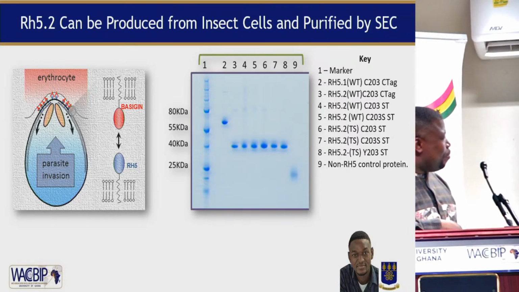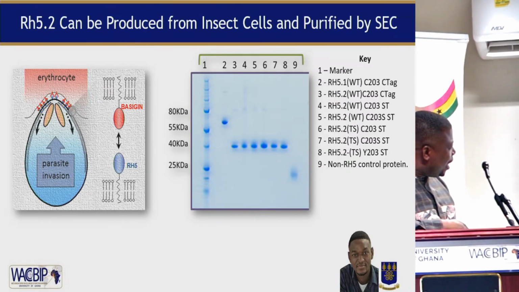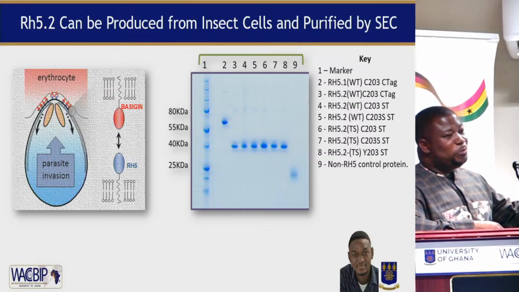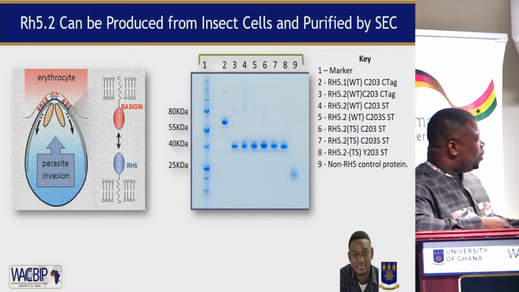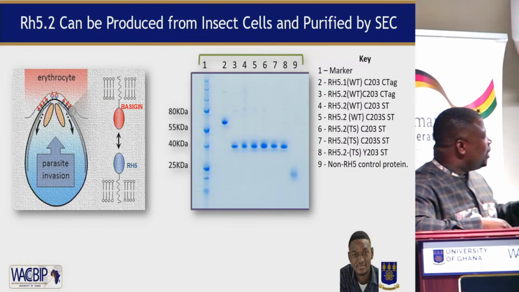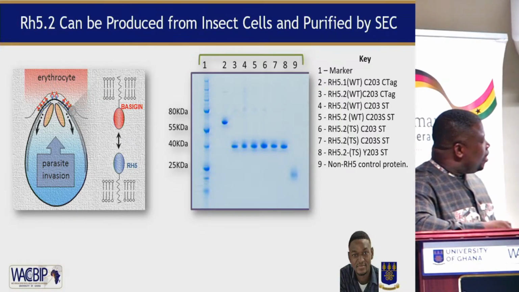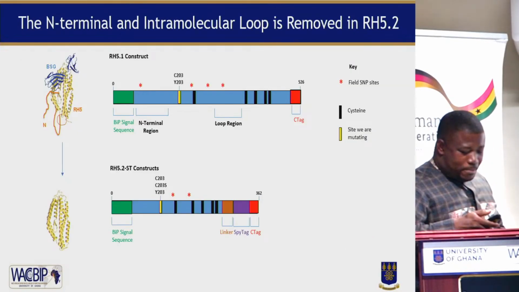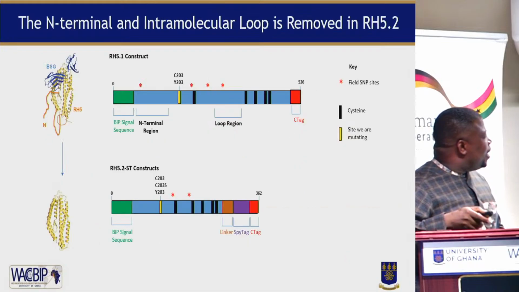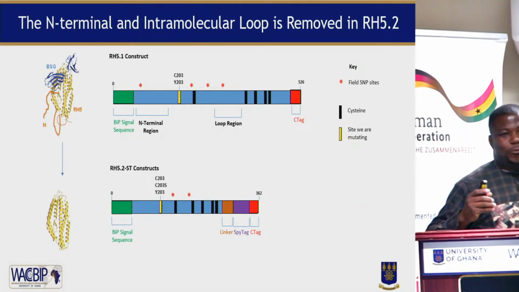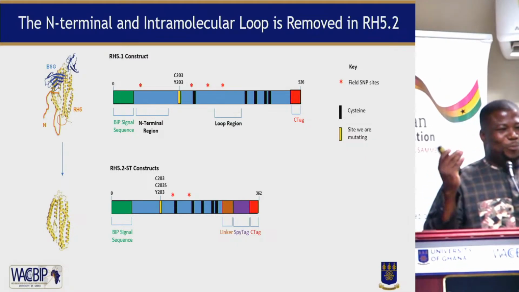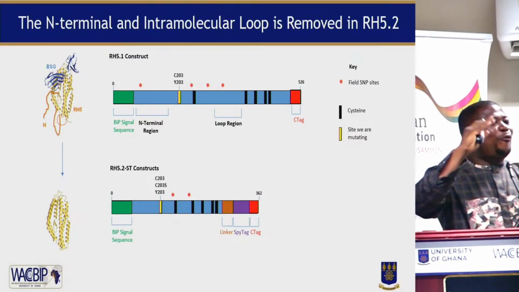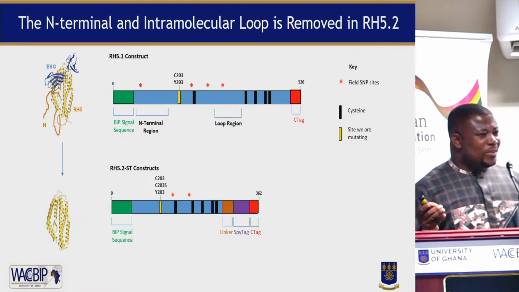So one thing people have thought is that if you look at this antigen, it is very small, so it is easy to produce. So here, what we demonstrate is that he is able to produce the antigen very well. The problem with designing a vaccine is sometimes not only about producing the antigen, but in what form it should be.